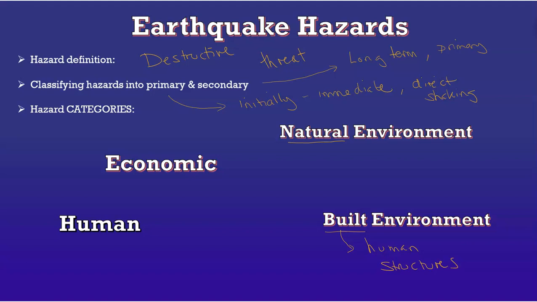Anything built by humans can be affected by earthquakes and fall down or be destroyed during an earthquake is considered here in the built environment. So as big as a city or as small as a village. Either way, it is a built structure.